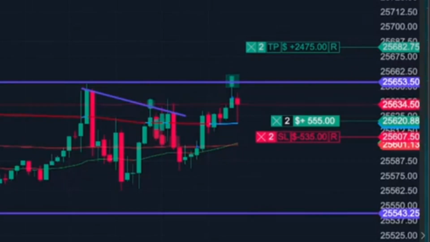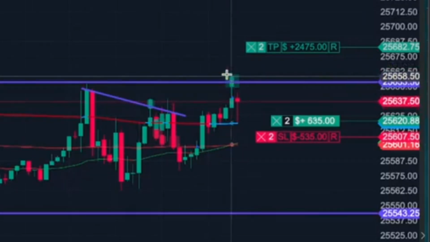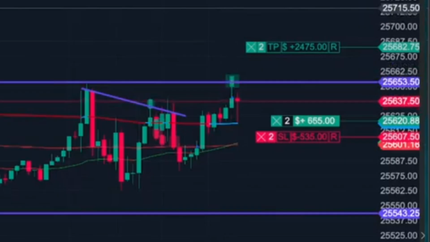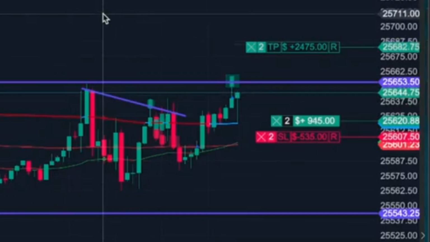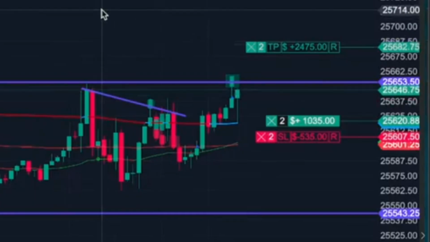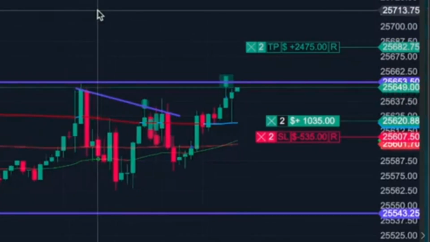Okay, so it's going my way. It's 1-to-1 now at the moment. So if I want to review, okay, what's your decision? I can say my risk to reward is gonna be 1-to-2 risk to reward ratio.